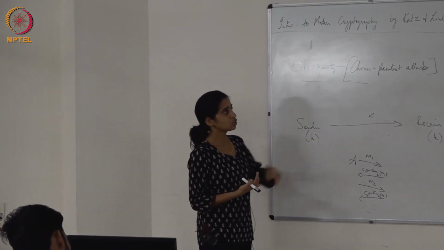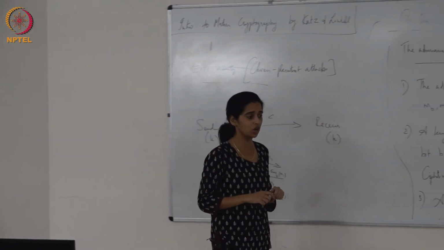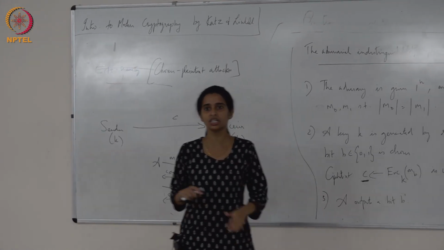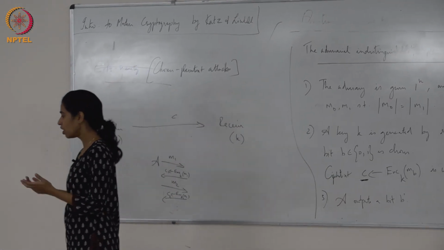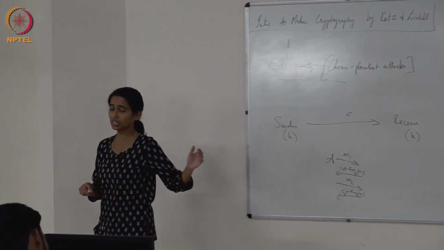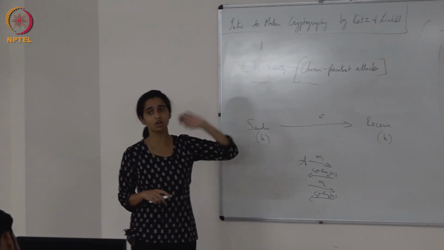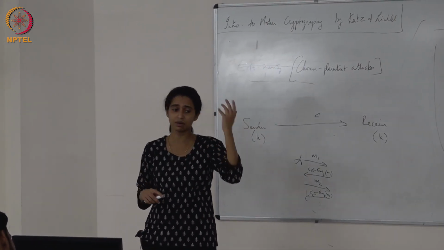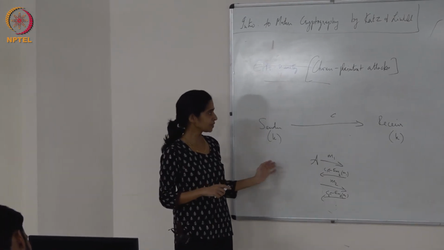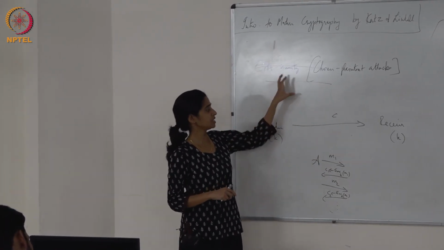Okay, and so for instance, the eavesdropping security that we talked about is a very basic form of security, and in fact, modern encryption schemes should satisfy not only CPA but something called CCA, which is chosen ciphertext attacks. We'll come to that later in the day. But this is what CPA security is, right?